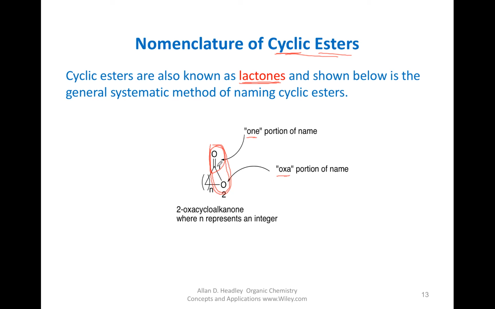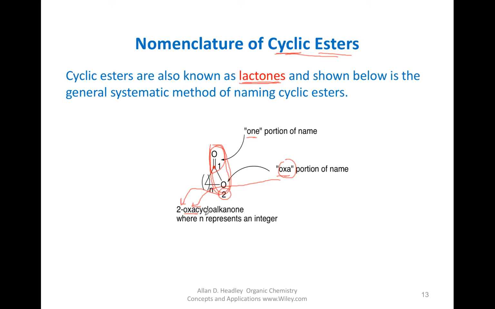In terms of numbering, this always gets number 1 because that's priority, and we go in the direction of the oxygen, so it becomes 2-oxa because that's on carbon number 2. So this oxa goes here, and the 2 shows the position of the oxa.